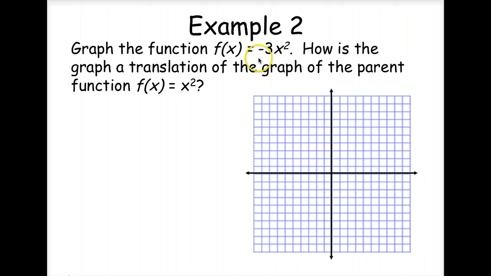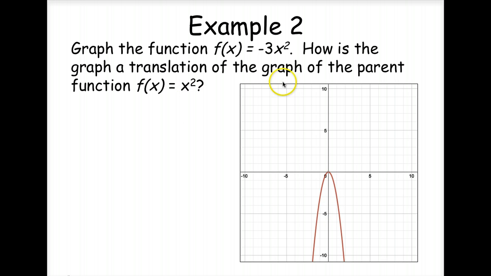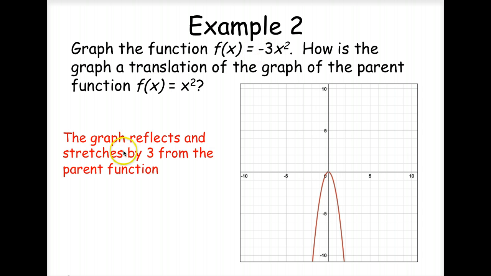Here we have f of x is equal to -3x squared, and again we're asked, how is it a translation of the graph of the parent function f of x equals x squared? Because this is negative, it opens down. That is greater than 1, so we have a stretch by 3 from the parent function.